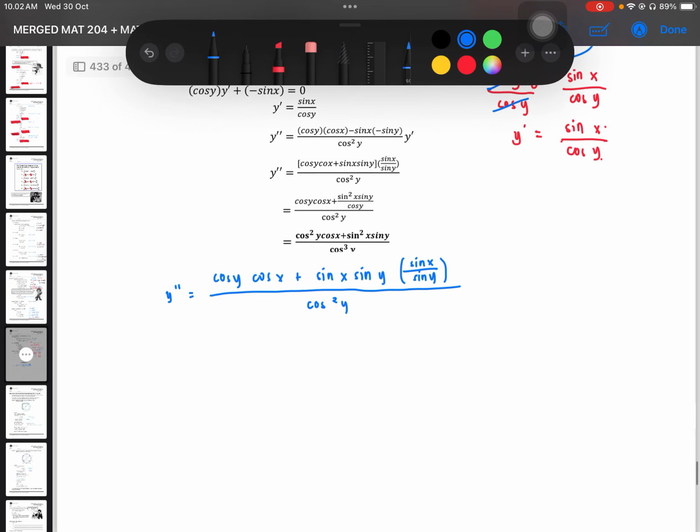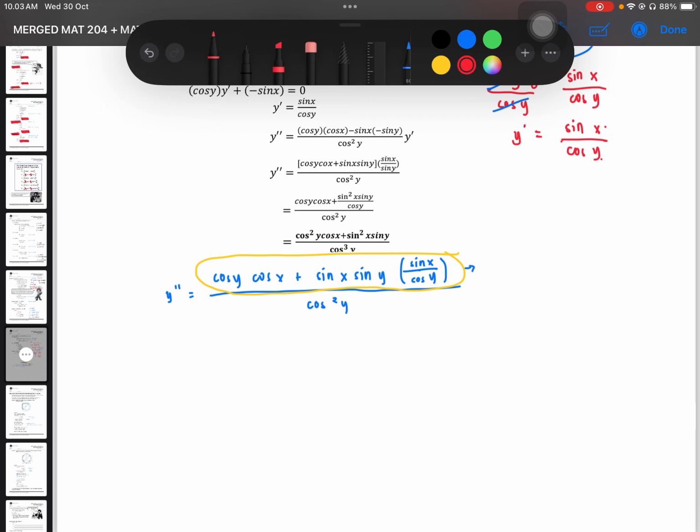So, ngayon dito, yung ating numerator, kasi magkakaroon siya ng denominator, yun nandun sa may numerator natin. So, iayos natin siya.